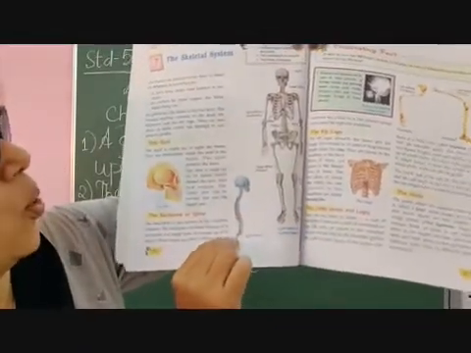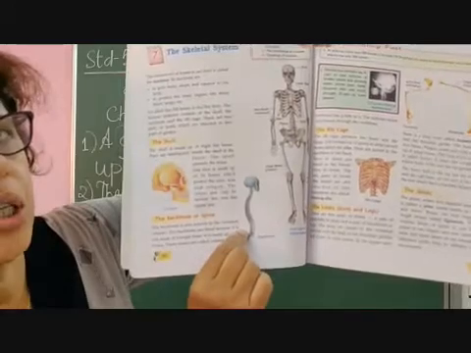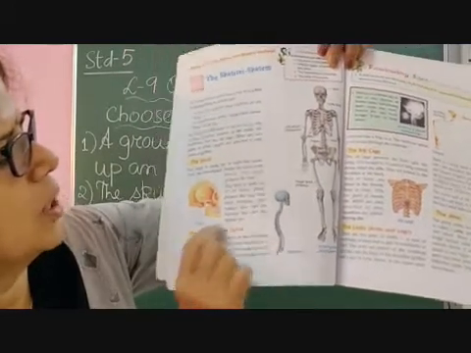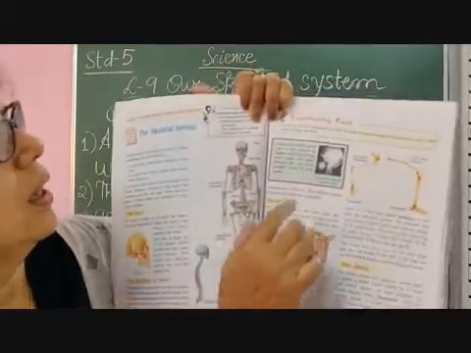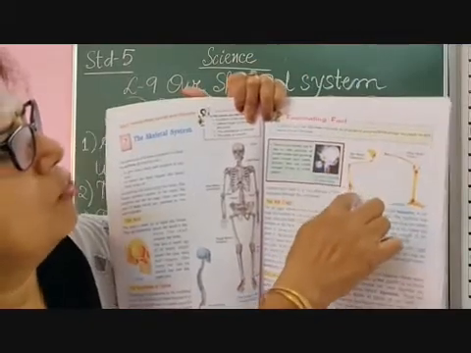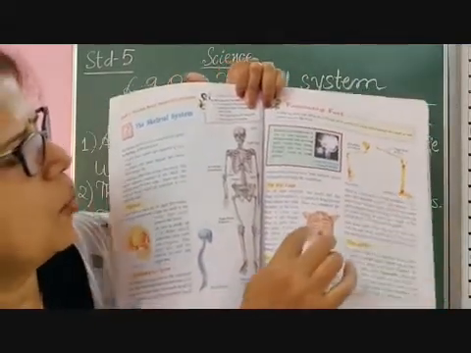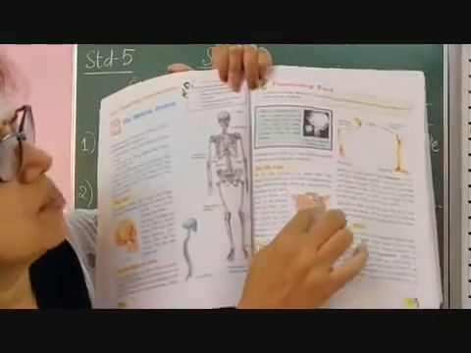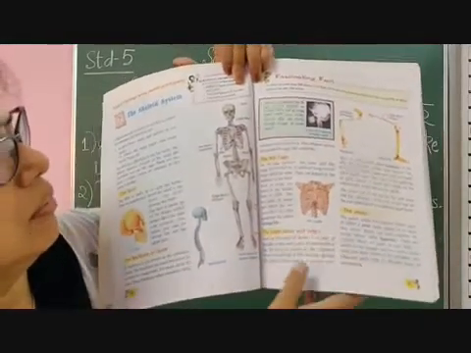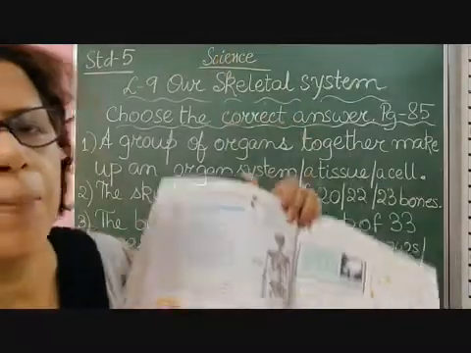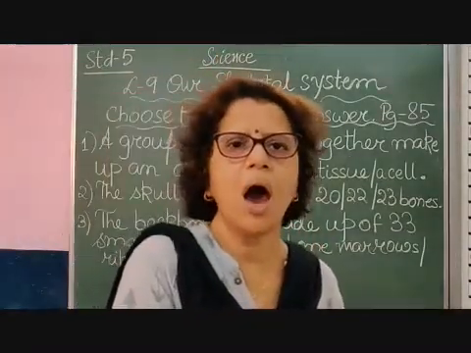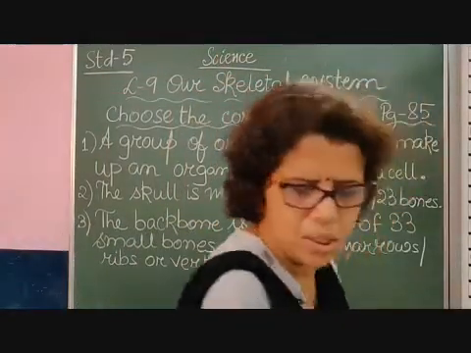You can see the backbone, which is made up of 33 vertebrae, your vertebral column. These are your forelimbs, arm bones, and these are your hind limbs, that is leg bones. In the rib cage, you can see bow-shaped bones which help to enclose the heart and the lungs. So this is all about the skeleton.